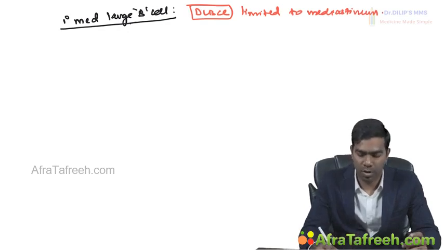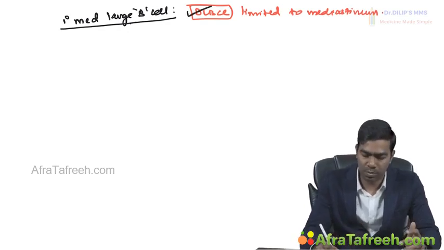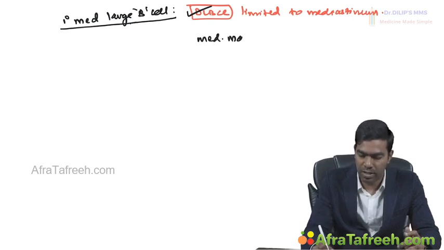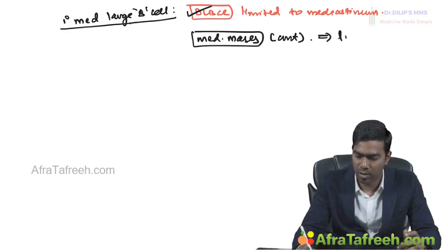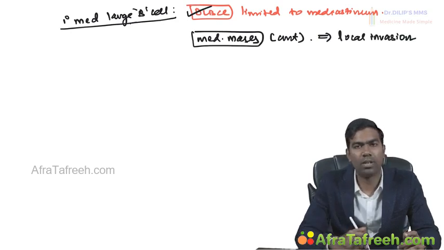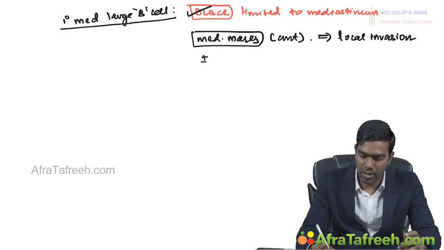So very important. So it's going to present like a mediastinal mass. So clinical feature, they will be presenting like a mediastinal mass, typically an anterior mediastinal mass that is going to extend to local structures. So there will be a local invasion also, and very commonly they can present with SVC syndrome.